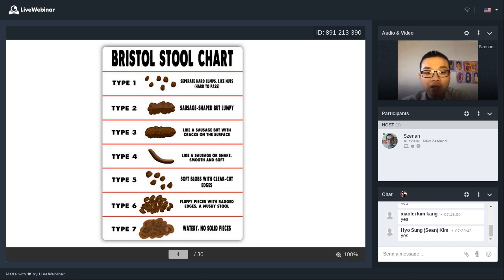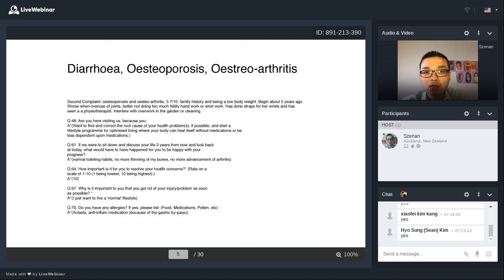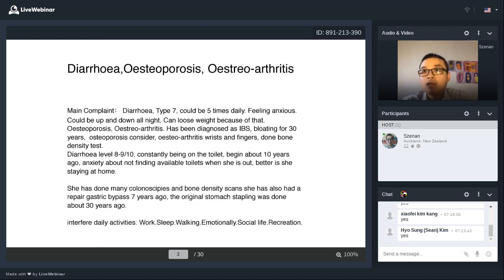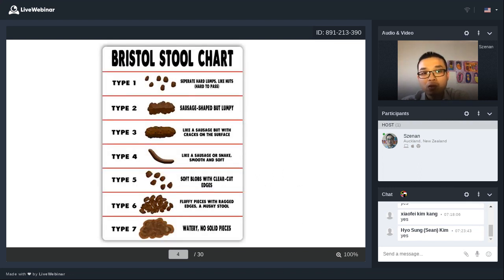But I find that for Kiwi, European patients, when they say constipation, they would say, well, I have constipation, which means they don't go every day. And when you ask them which type of bowel motion they have when they do go, they will say, oh, type 6 or type 7.